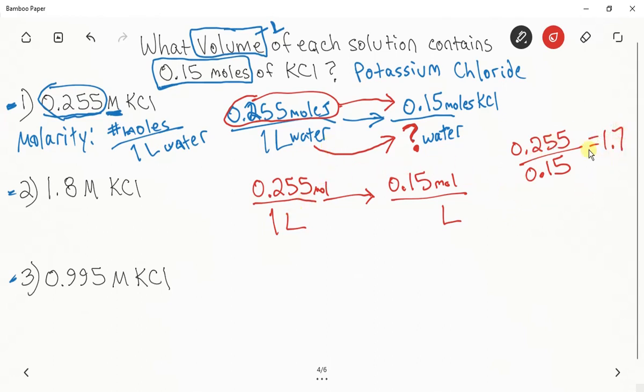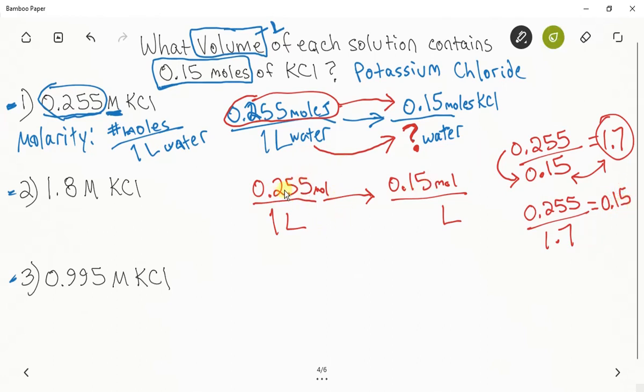So, by the rule of division, if we divide 0.255 by 0.15 and we get 1.7, then we can change these around and we can divide 0.255 divided by 1.7 and get 0.15. So that's exactly what we're going to do.